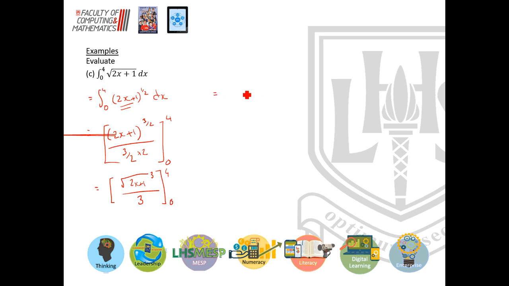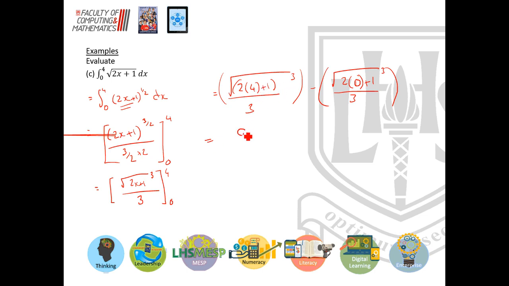So it's the square root of (2 times 4 plus 1), cubed over 3, take away the same with 0: 2 times 0, add 1, cubed over 3. 2 fours are 8, add 1 is 9, square root of 9 is 3, cubed is 27, divided by 3 is 9, and then that's 9 take away a third. So 27 thirds take away a third is 26 over 3. Nothing's changing here. The only thing is a slightly different way of integrating because there's a bracket there.